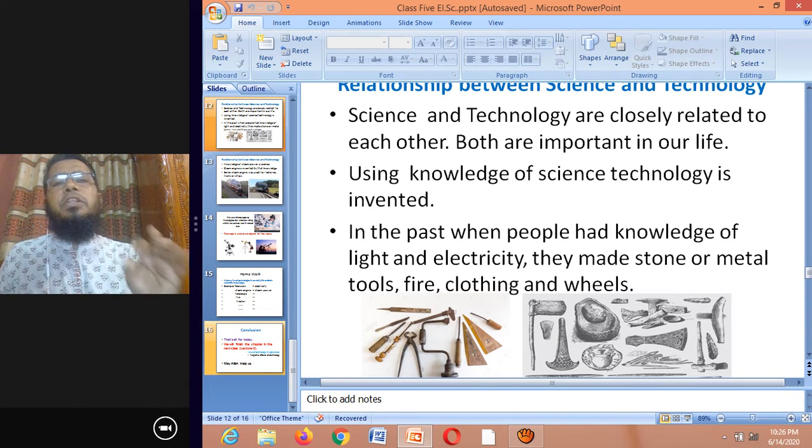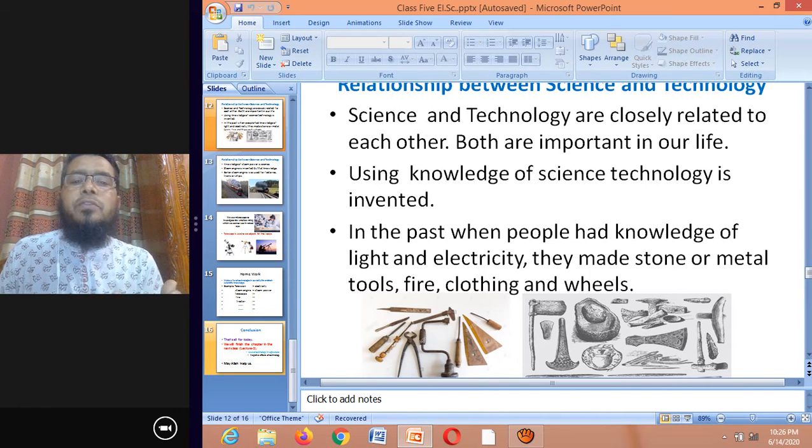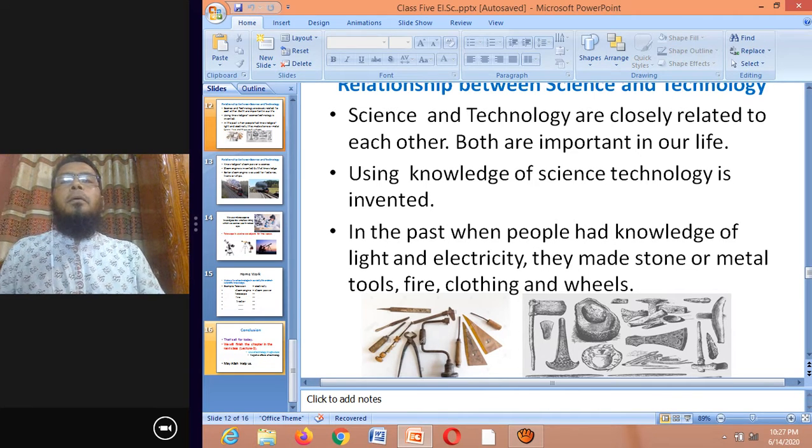People invented the steam engine by applying scientific knowledge of steam power. That means steam power was the science. Knowledge of steam power was science, and by using that power people invented the steam engine.